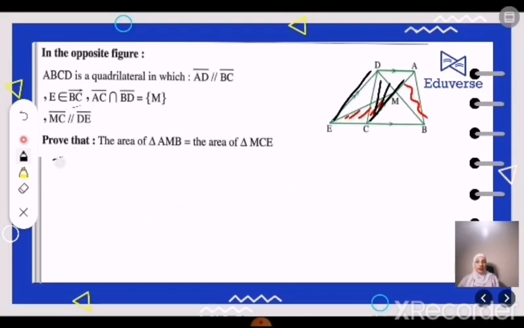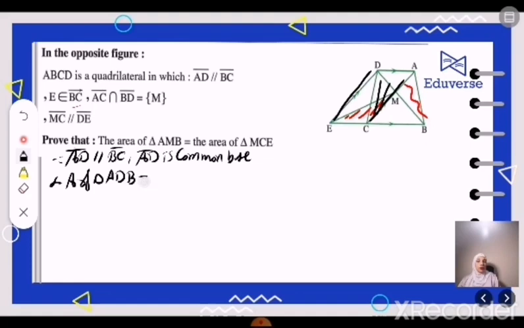We will say that since AD is parallel to BC, I can say any of the two lines is a common base, AB or BC, it's up to you. So we will say that AD is the common base here. That means area of triangle ADB will equal area of triangle ADC.